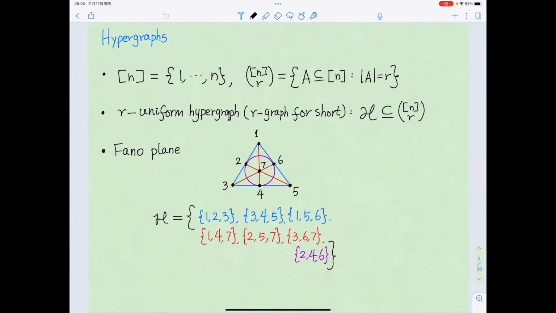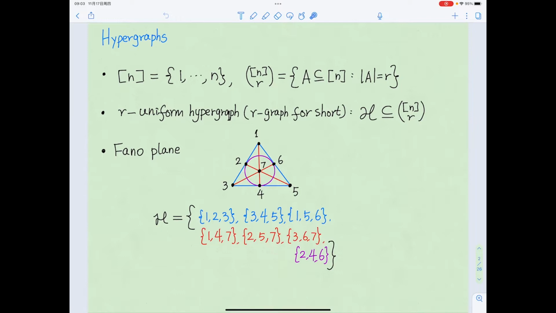Let's first begin with some definitions. I will use the bracket [n] to denote the set of first n positive integers, and this will serve as our vertex set of the hypergraph. I will use n choose r to denote the family of all r-subsets of [n].